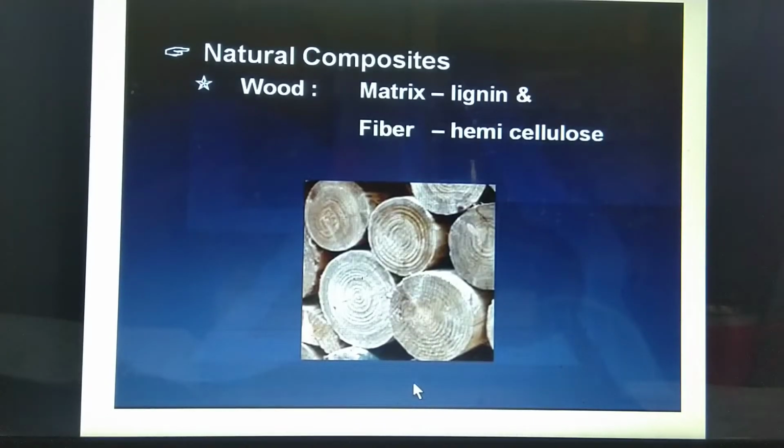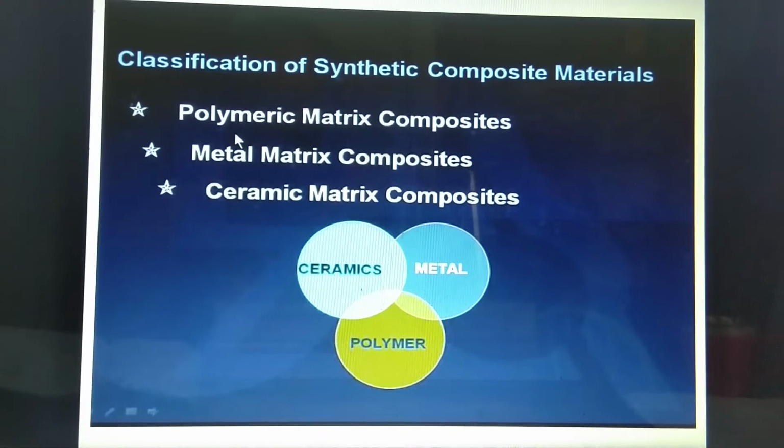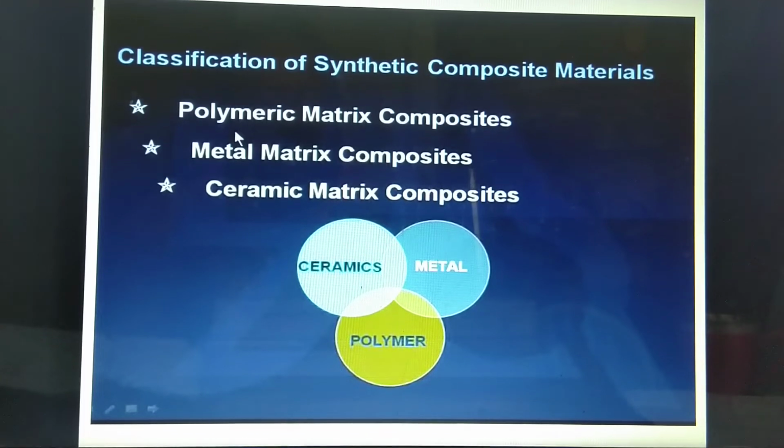The best example of a natural composite is wood, where the matrix is lignin and the fiber is hemicellulose, which acts as a reinforcement material. The synthetic composite materials are classified in three different ways: based upon ceramic, metal, and polymer. That is, polymer matrix composites, metal matrix composites, and ceramic matrix composites.